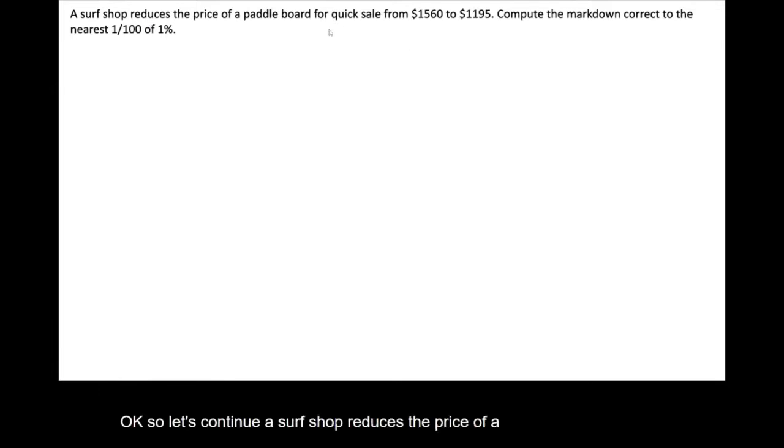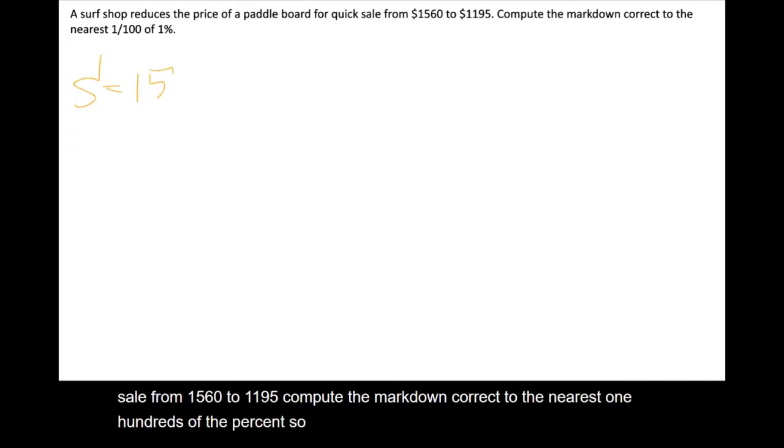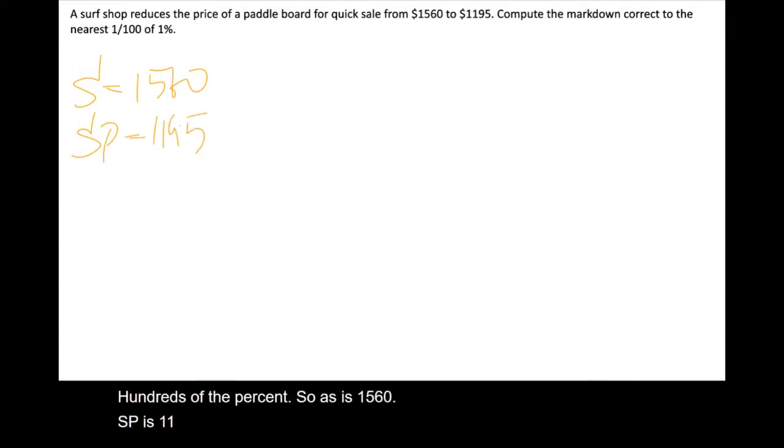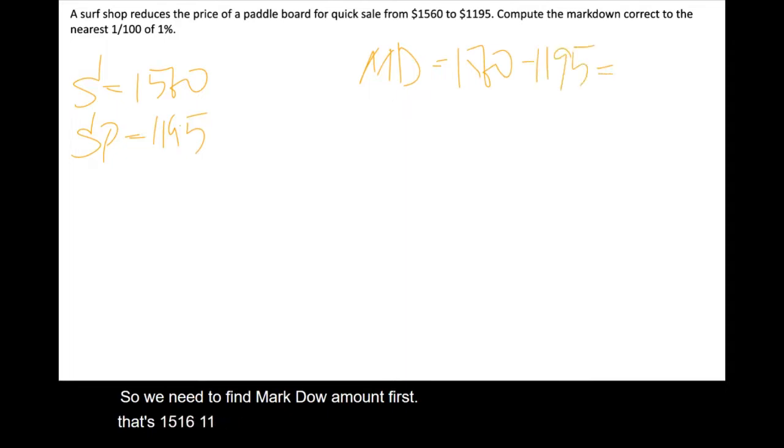Okay, so let's continue. A surf shop reduces the price of a paddle board for quick sale from 1560 to 1195. Compute the markdown correct to the nearest 100ths of the percent. So S is 1560, SP is 1195. So we need to find markdown amount first. That's 1560 minus 1195, which is 365.